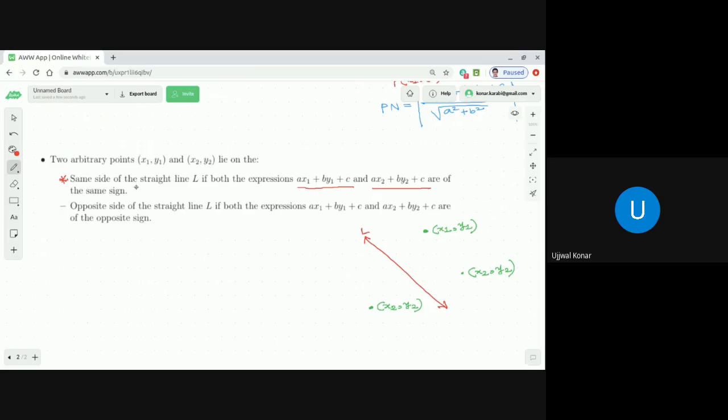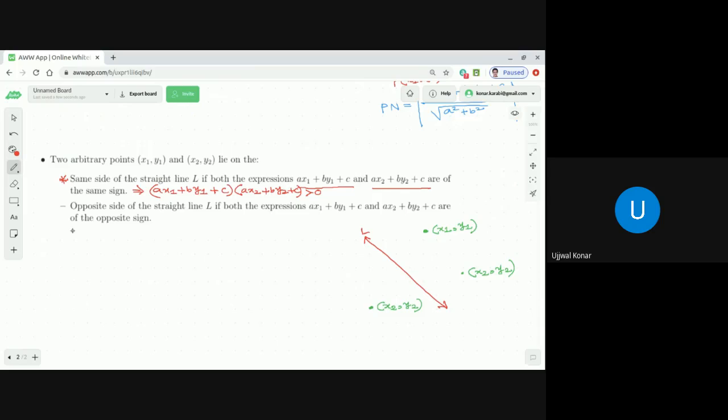In fact, we can write this as ax1 plus by1 plus c into ax2 plus by2 plus c should be greater than 0. Because if both are positive, their product is positive. If both are negative, then their product is also positive.